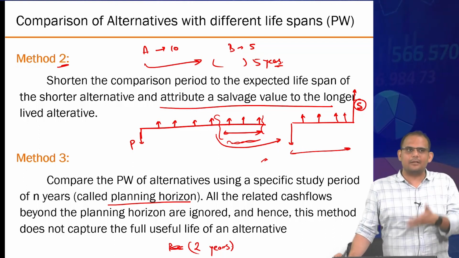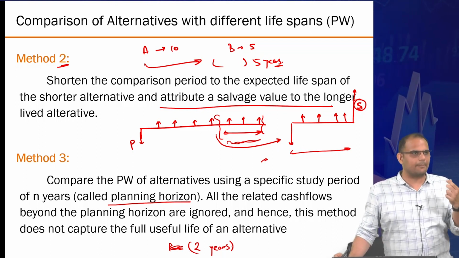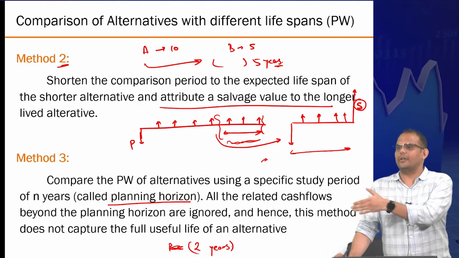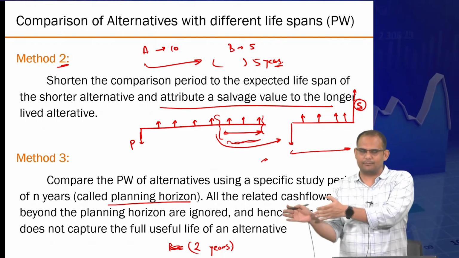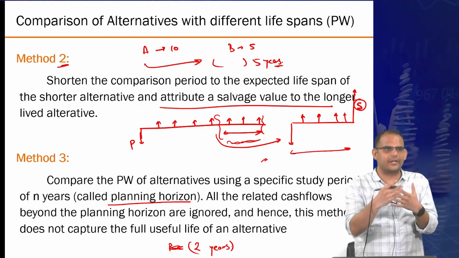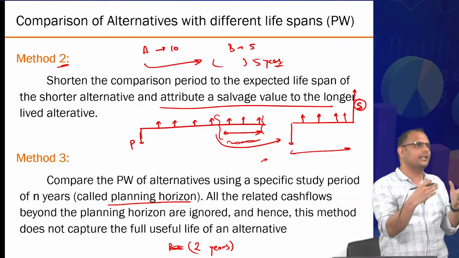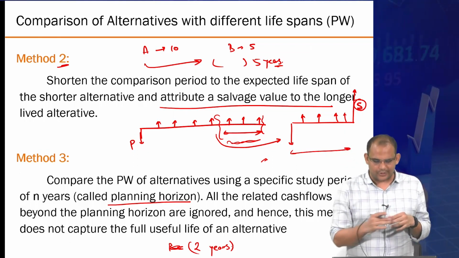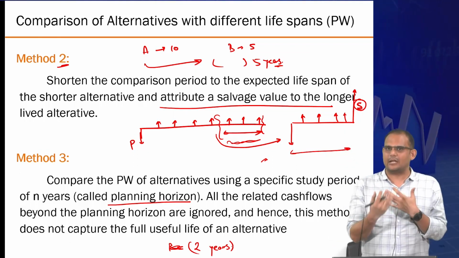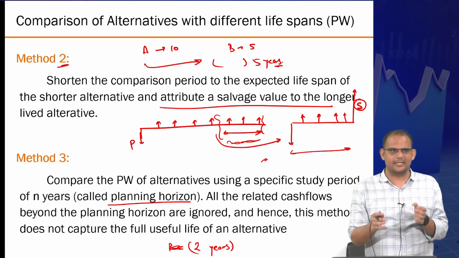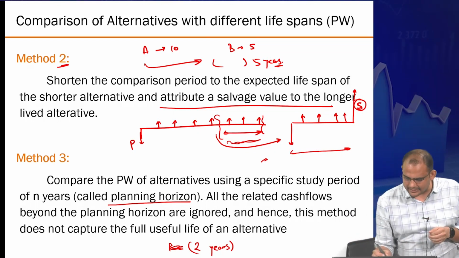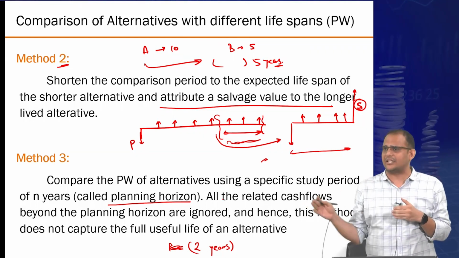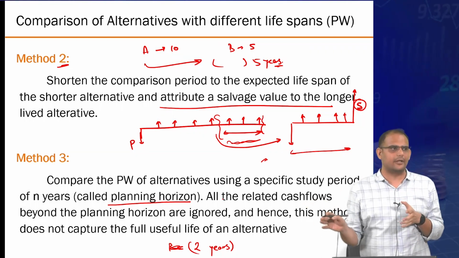Now it could be that in the market nothing exists which supplies only for 2 years. Even if you buy one versus buy two, both of them could have 5 years or 6 years of service life, and accordingly they have some cash flow, but you are not interested in that. Your interest as a person or as a company takes much more precedence. You only take the analysis till the planning horizon, and you completely disregard the cash flow series after the planning horizon.